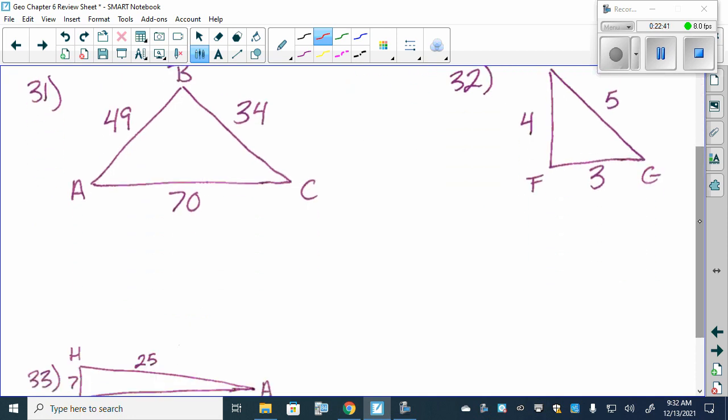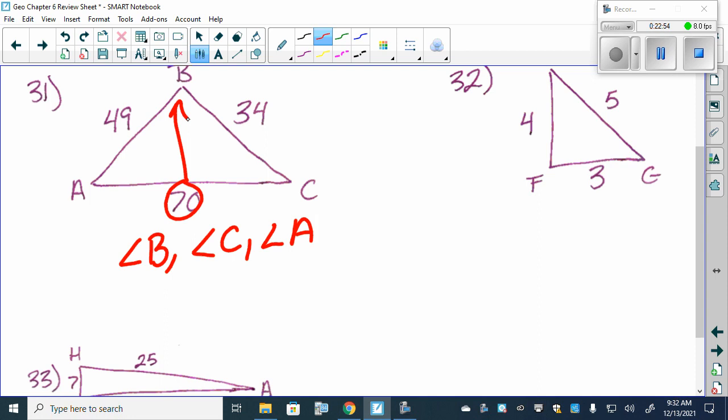Angles. Angle B, because it's opposite the biggest side. And then angle A. Biggest is 70, smallest is 34. And that puts us with 49 in the middle. So this would be the order of the angles. And that's it.